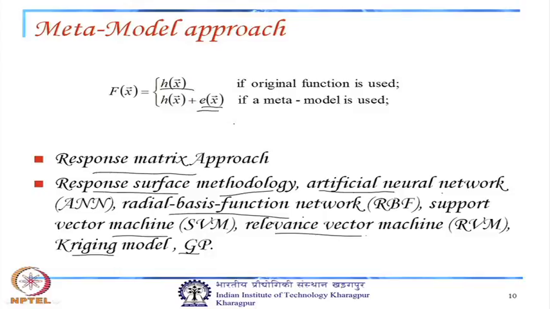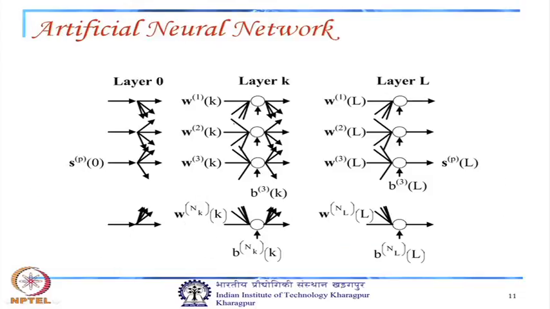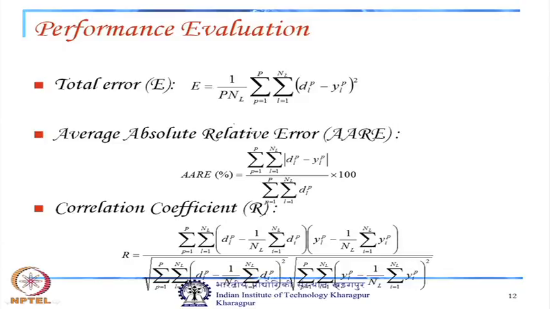Now, we can use ANN. ANN has got some architecture. So, we have some input and we can get some output, and we can evaluate the performance using total error. Total error is computed from the desired and actual values. Average absolute relative error can be computed using this.